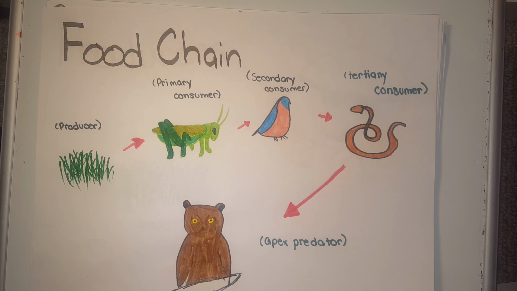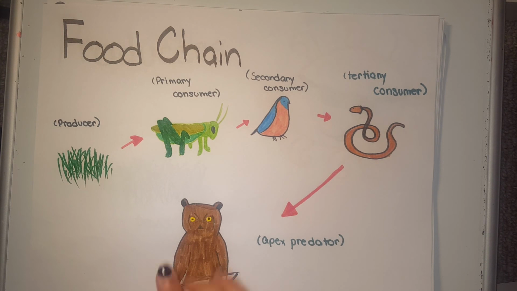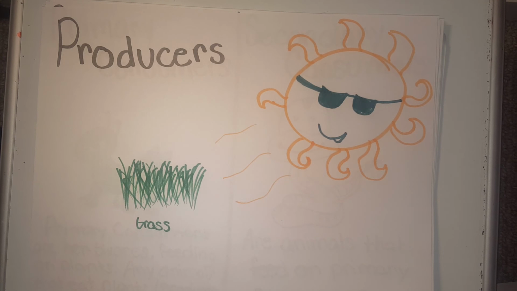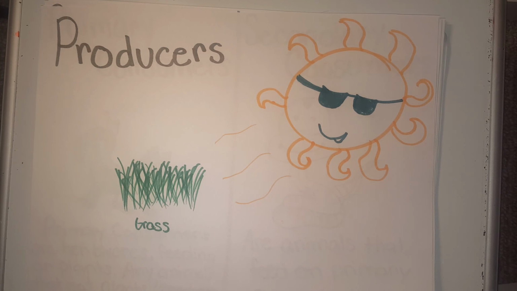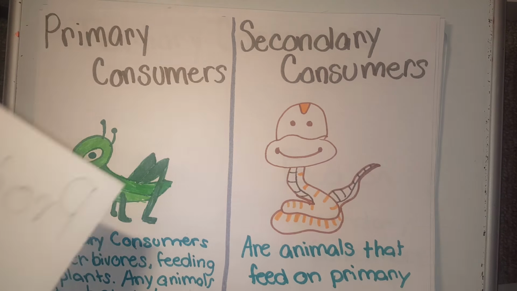If you notice, there are different parts of the food chain: a producer, primary consumer, secondary consumer, tertiary consumer, and the decomposer. Let's start off with producers. Producers are organisms that get their energy from the sun.